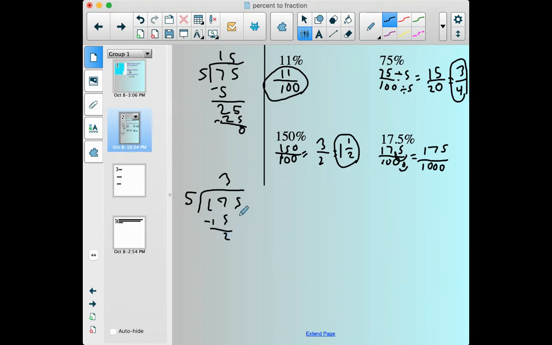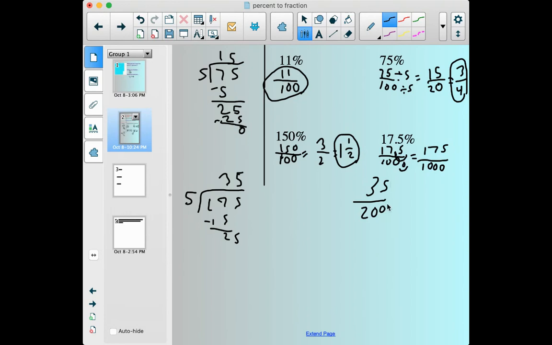Minus 15 is 2, bring down a 5, and then 5 goes into 25 5 times. I know it'll go in evenly without a remainder because that's what it means to say this is divisible by 5. So if I divide the top and bottom by 5, I get 35 out of 1,000 divided by 5, which is 200.